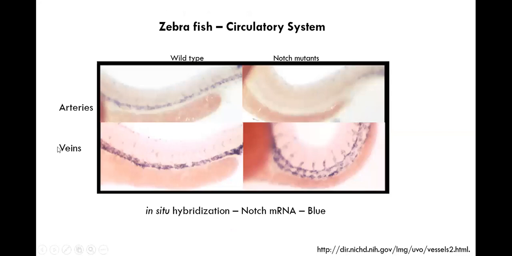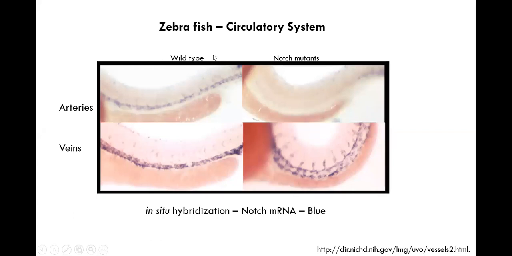In another study, they looked at the development of the blood circulatory system in zebrafish. They looked at two scenarios: a wild type scenario, with wild type animals, and a specific condition called notch mutants. Notch is an important protein that regulates several developmental events all over the animal kingdom.